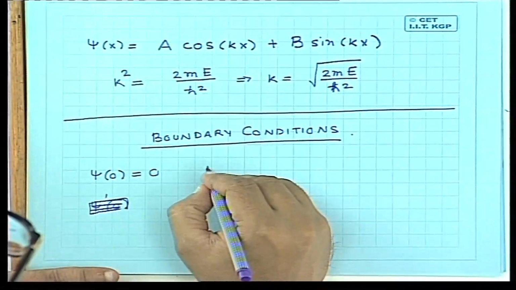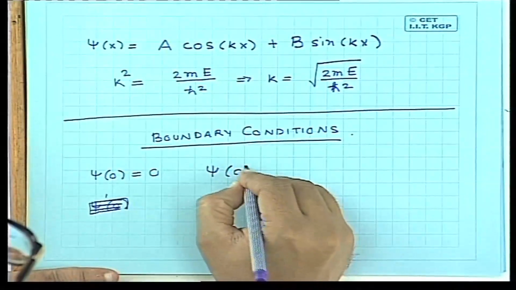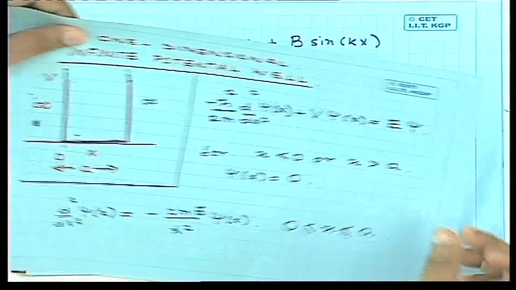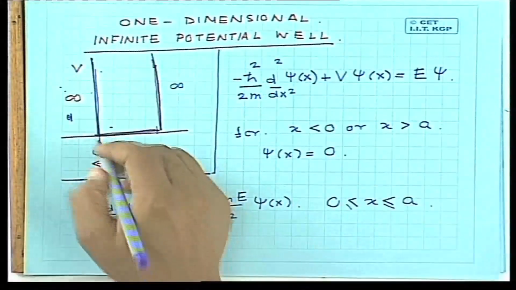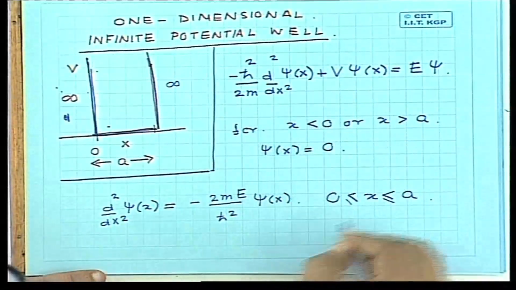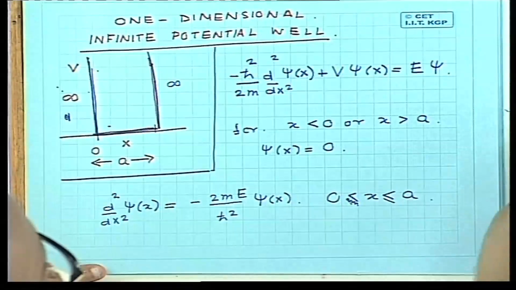So we just impose the boundary conditions that psi(a) is equal to 0. In this situation, at the boundary the potential is actually going to infinity, right? So this is in the range 0 to a.